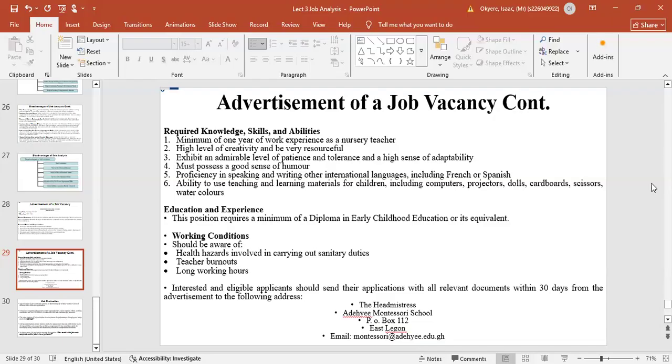Are you with me? So you become the second option for them. They have to consider all those with the relevant experience before they select you. Any question?